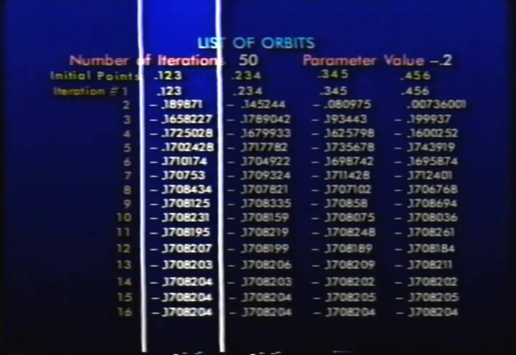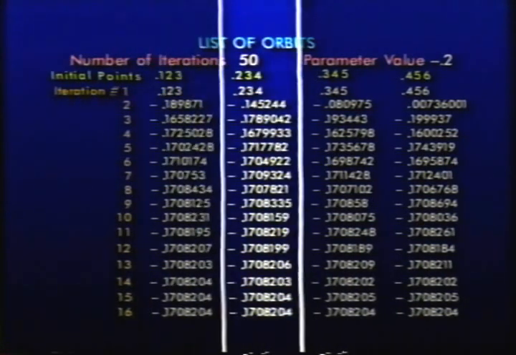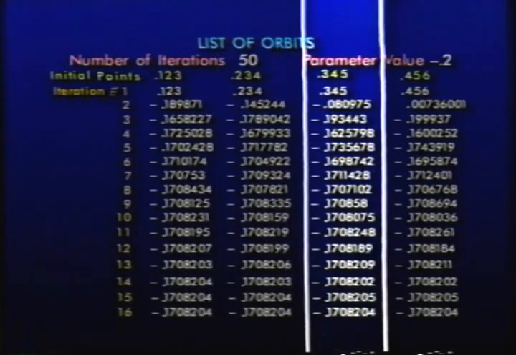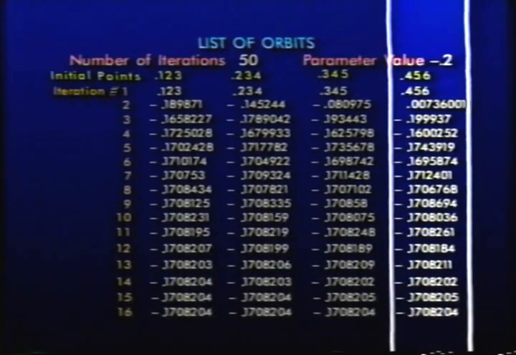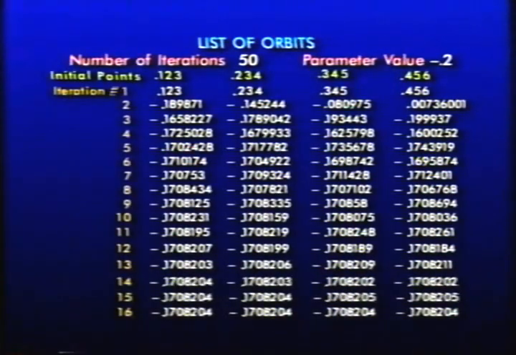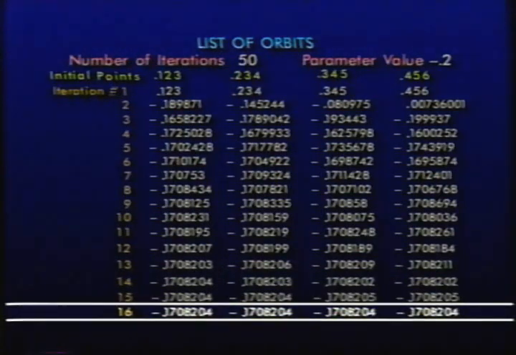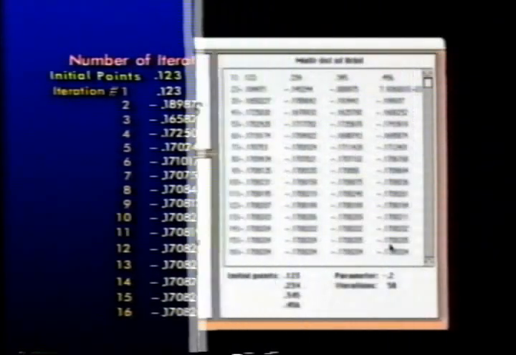Notice that the orbit of 0.123 eventually gets very close to minus 0.17. Similarly, the orbit of 0.234 gets close to minus 0.17, as does 0.345 and 0.456. Typical orbits near 0 for this function don't go off to infinity. Rather, they seem to converge to one fixed point.